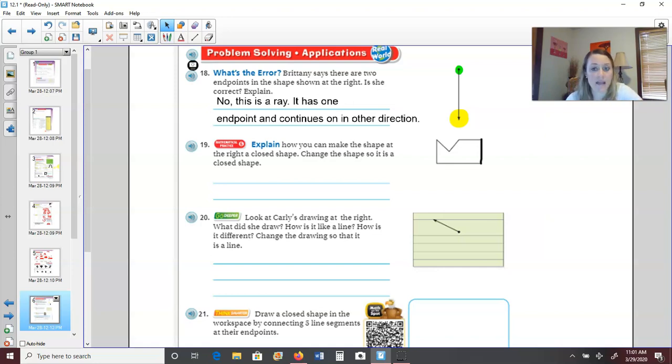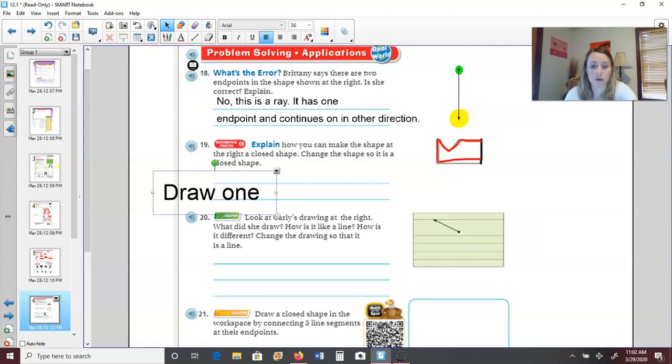So if we take a look how many line segments it had to start with, it had 1, 2, 3, 4, 5, and then we added on another one. So we could say, draw one more line segment.